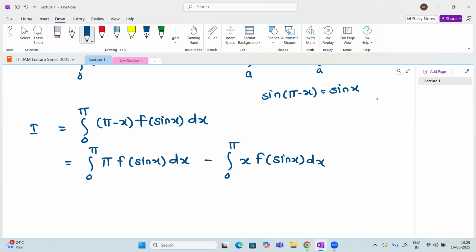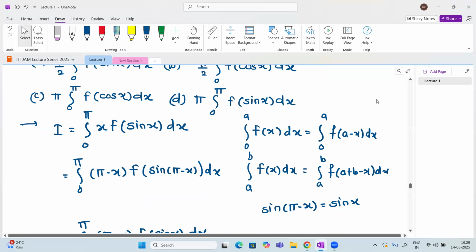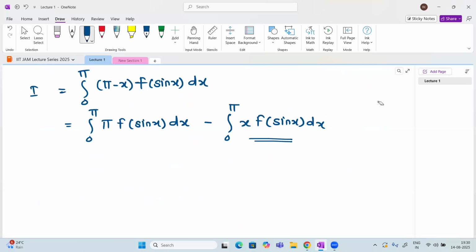Okay. But I think we have seen this integration somewhere. Where is it? What is its value? So this is I. Yeah, that is our I, the given integration I. So what can I write here? This is equal to the integral from 0 to pi of pi f of sine x dx minus I. And already in the left hand side we have I.